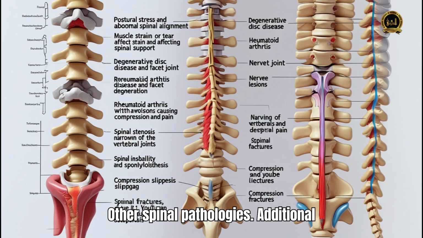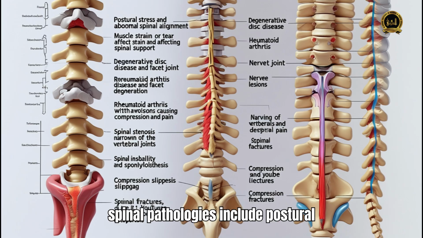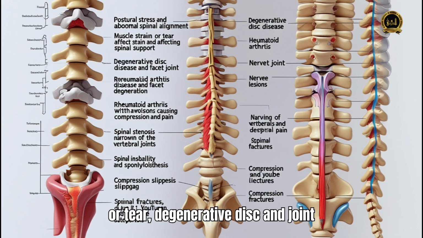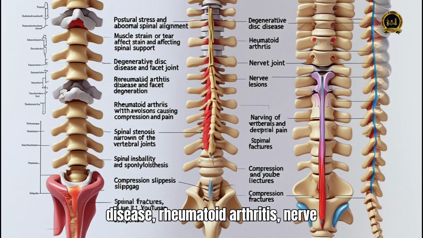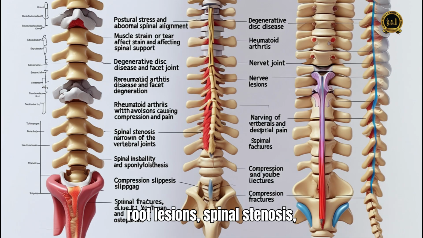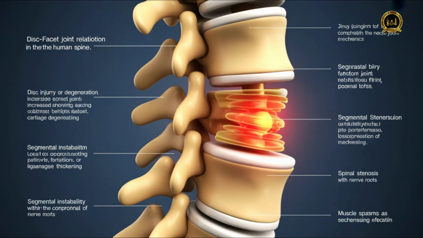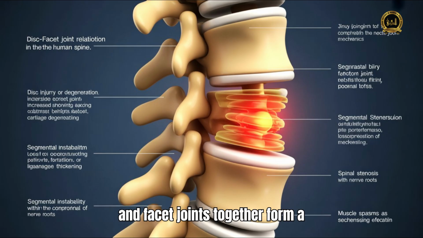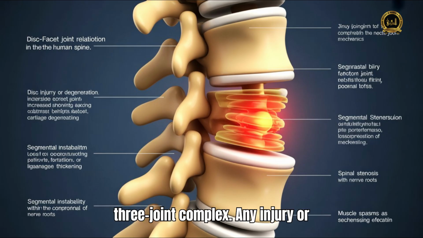Other spinal pathologies. Additional spinal pathologies include postural stress, abnormal posture, muscle strain or tear, degenerative disc and joint disease, rheumatoid arthritis, nerve root lesions, spinal stenosis, instability, spondylolisthesis, and compression fractures. Disc facet joint relationship. The disc and facet joints together form a three-joint complex.